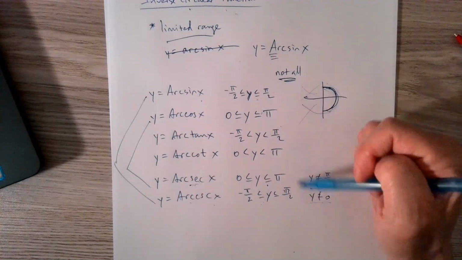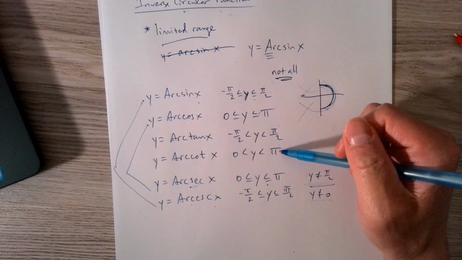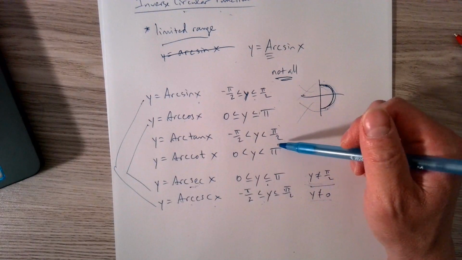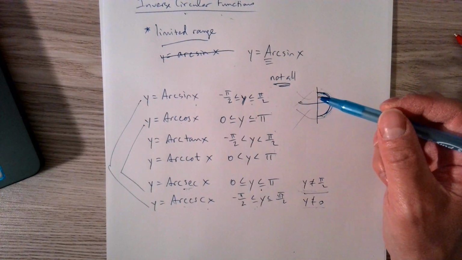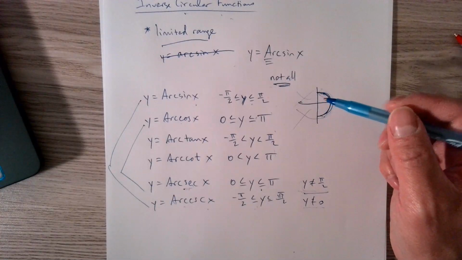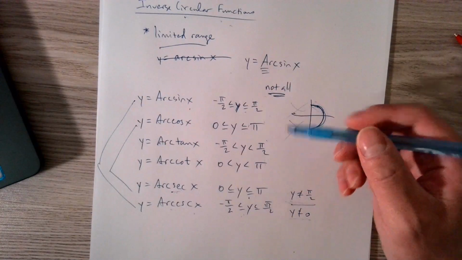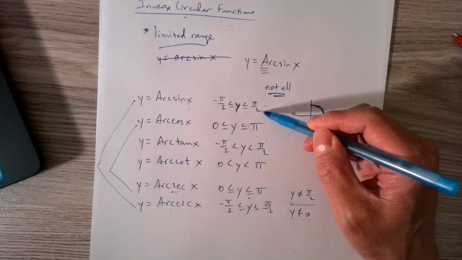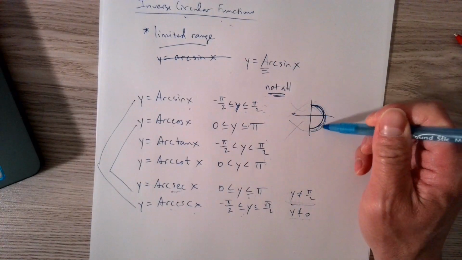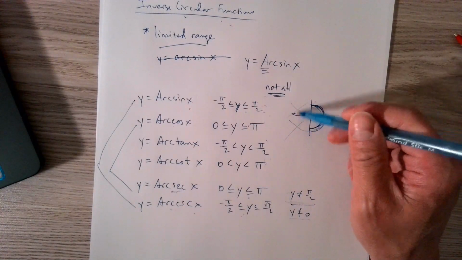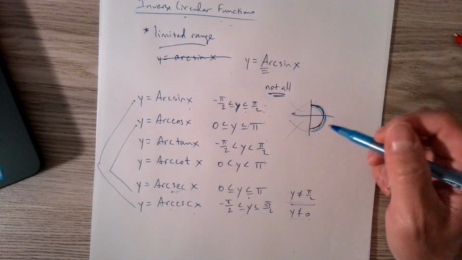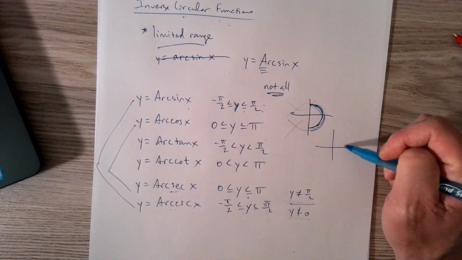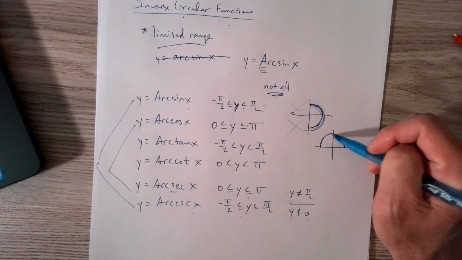In every case, the range includes every possible trig value. And that's why we have these limited ranges. Every possible sine value is included from here to here. If we included more of this unit circle, we would just get copies. For cosine, everything we need is in quadrants 1 and 2.